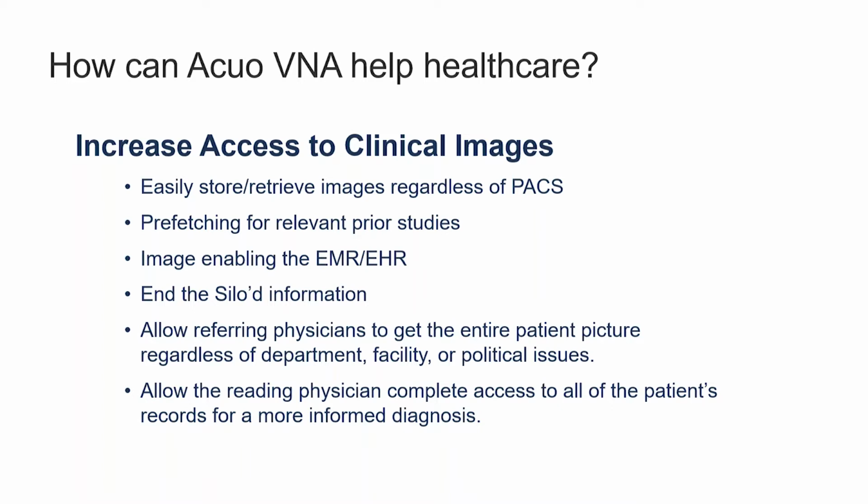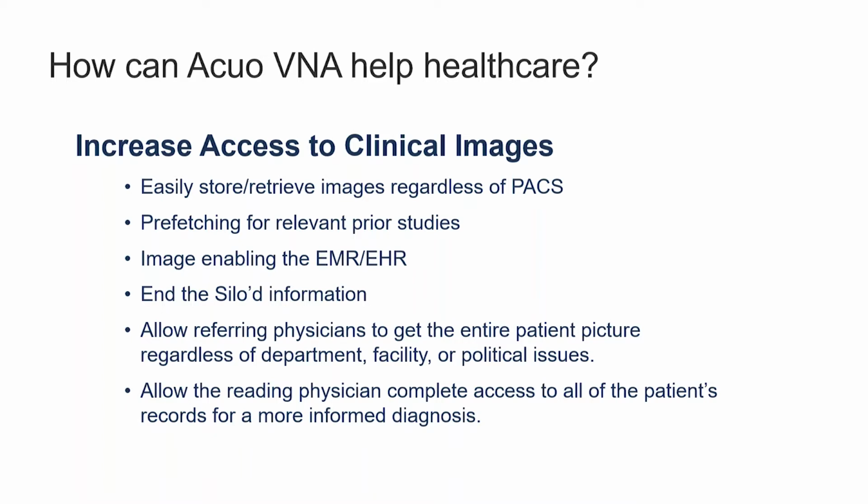Okay, so you may have some various caches at the applications for really high-speed data, read-write information going back and forth. But anything maybe 2-3 months old, we automatically move off to an archive, potentially managed by Cloudian, which, for all intents and purposes, ends the silo. Everybody has access to the information, whether it's your doctors or artificial intelligence, big data, etc. This allows referring physicians to get the entire patient structure, regardless of department, facility, or political issues.